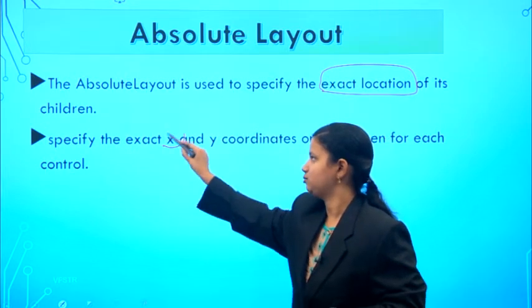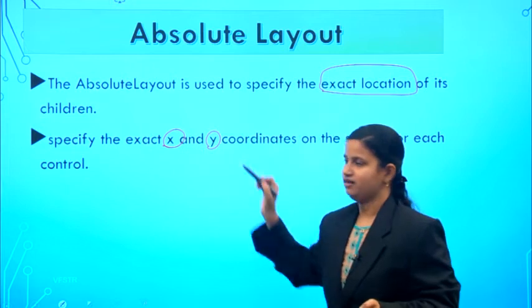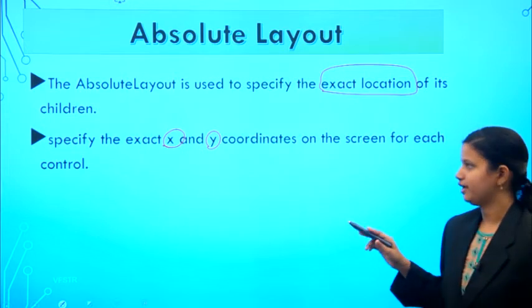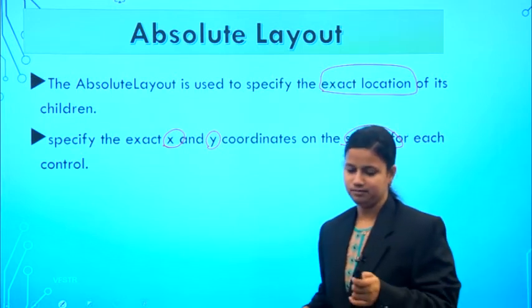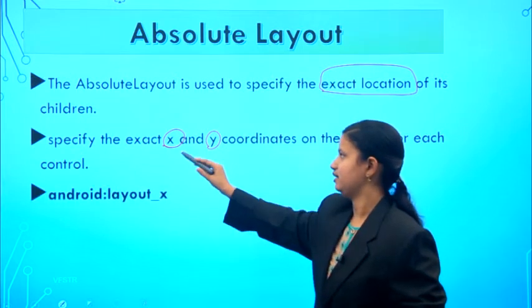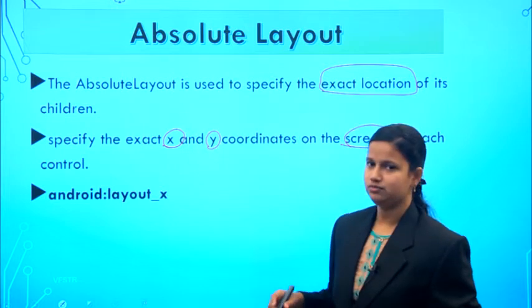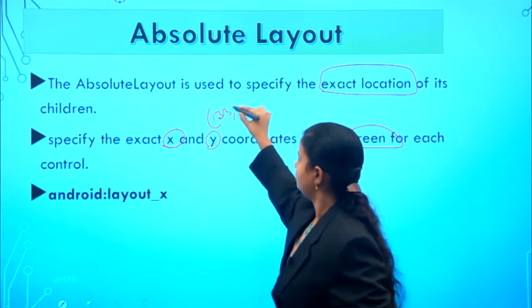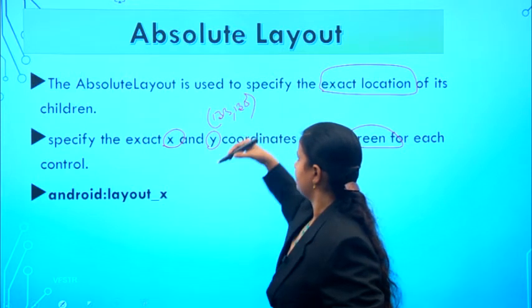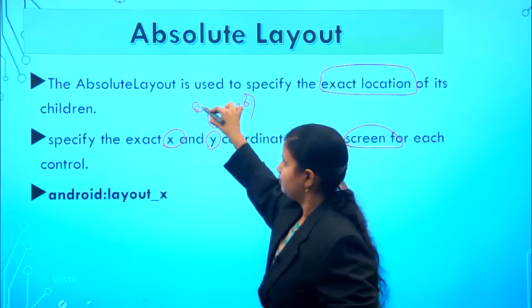We have to use the exact position by using x and y coordinates of the screen, so that we can control that. For these x and y coordinate values, we have to identify one location as 133 and 135. In that position we have to place one button.